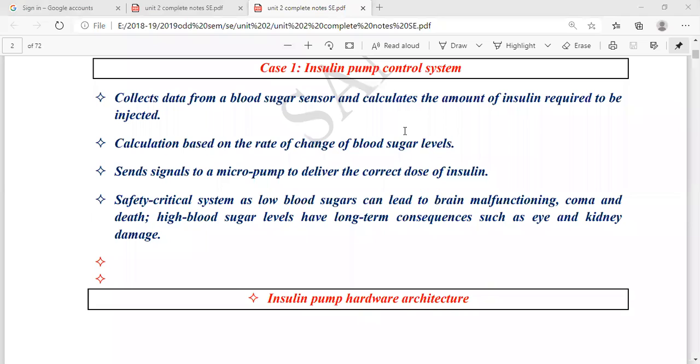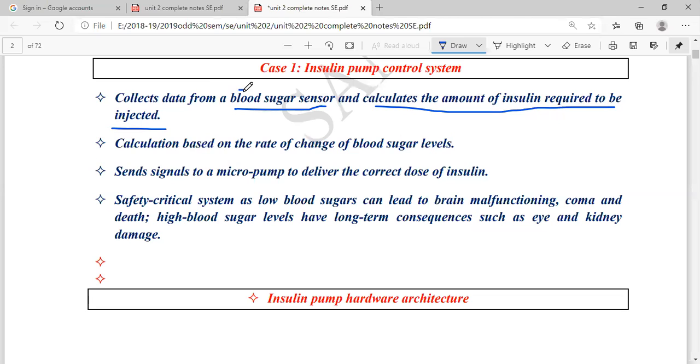So here we can see that it collects the data from the blood sugar sensor. There is a sensor from where the blood is collected and then it is tested. Depending on that, it will calculate the amount of insulin that is required to be injected to the patient.